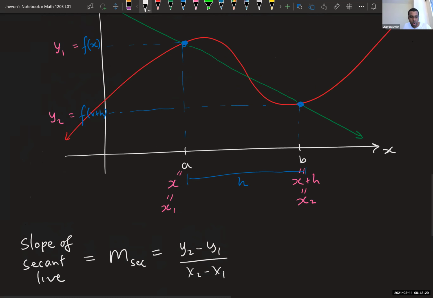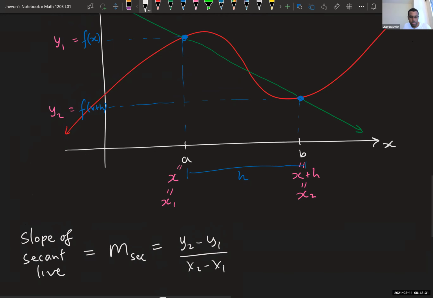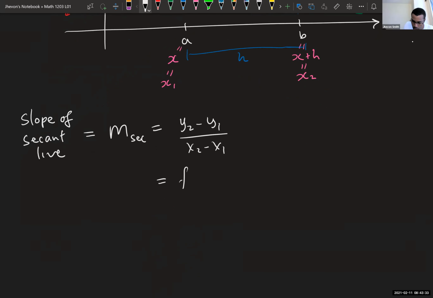And in this case, my y2 is f of x plus h, my y1 is f of x, over my x2 which is x plus h, my x1 which is just x. Now, clearly, the x's cancel each other because it's x minus x. And so we get the much beloved f of x plus h minus f of x over h.